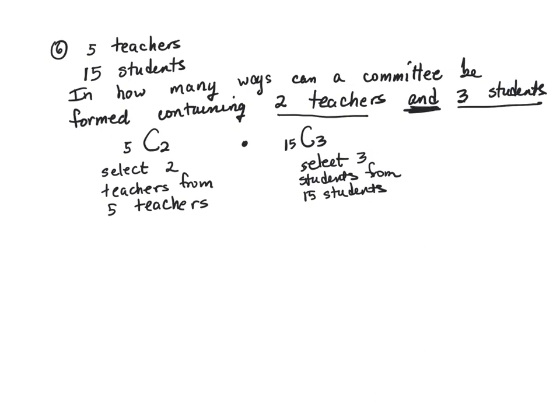So very quickly, I don't want to take time to compute this, but this is a fine answer on your homework. But the answer would be 10 times 455, which is 4,550 ways. All right, so we see the word and. When there are restrictions, we have to consider each one separately and how many are in the population.